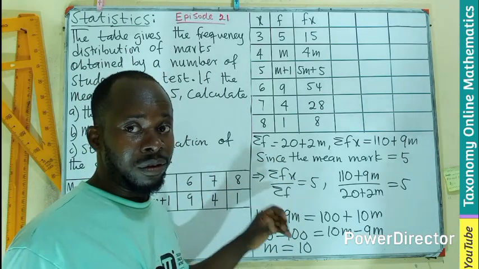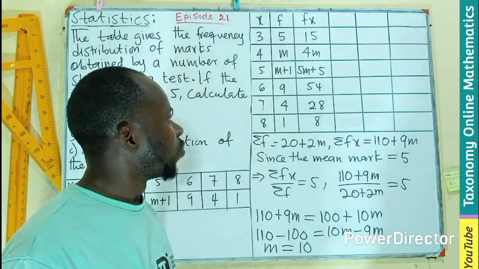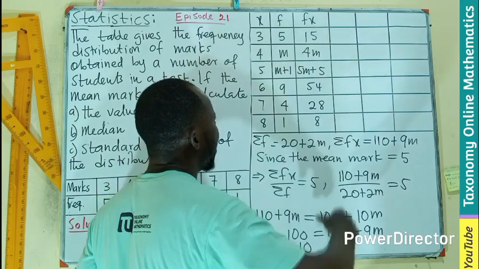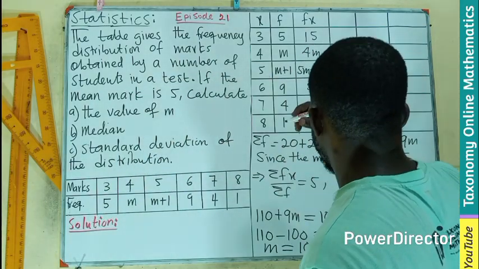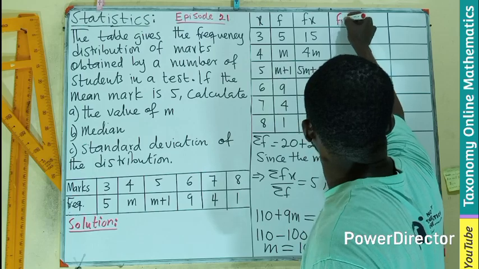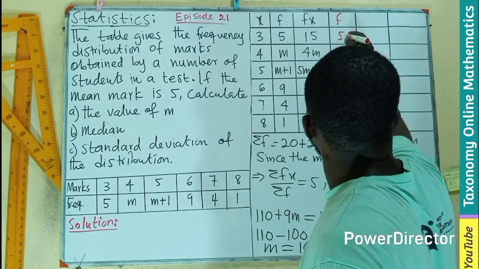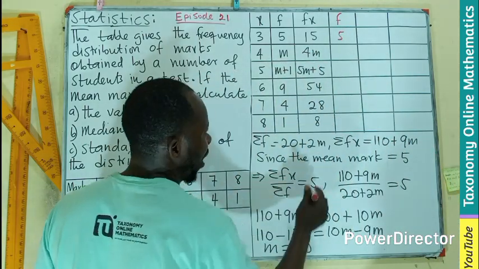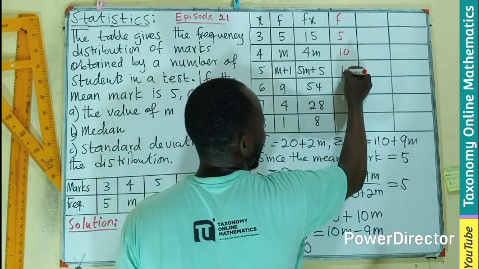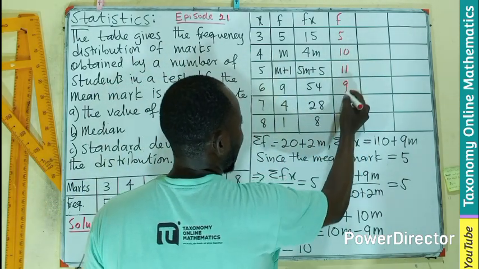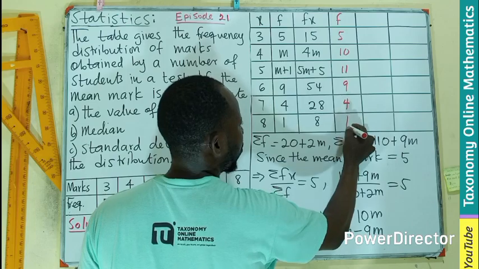Now, I've left this space in here, which could be another table we will draw again after we have gotten the m. But because I don't have enough space, I will leave it and join it together. So let's see, what do we do? We are still going back to indicate our f, which is 5. M will now be 10. 10 plus this will be 11. 9, 4, 1.